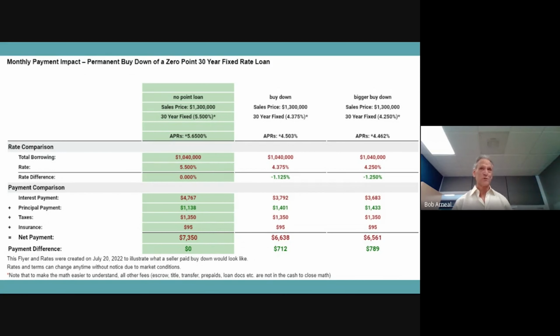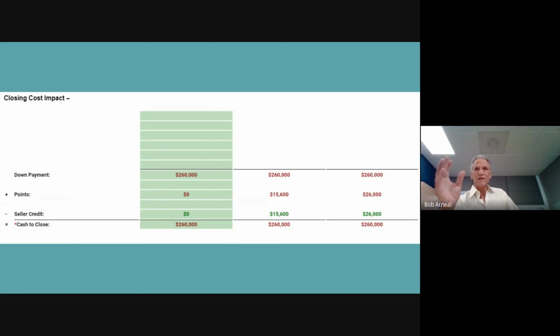Picture yourself at the kitchen table. Mr. Seller, instead of dropping the price $26,000, which really doesn't have much of an effect on the buyer, because remember, it's about $5.25 per thousand. So if you take 26,000 and reduce the payment by $5.25 per thousand, is that going to motivate the buyer to say, okay, now I'll buy this house?